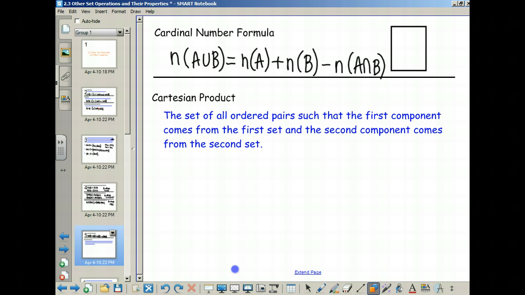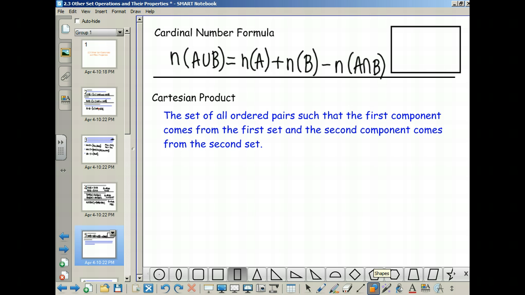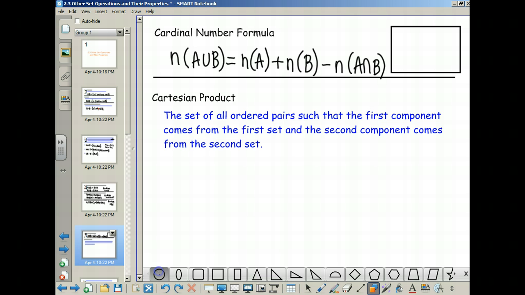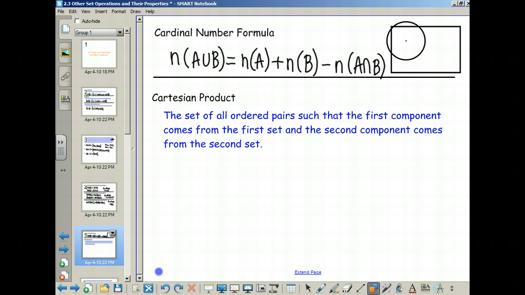It looks like a rectangle with some circles inside. Oh, that doesn't look like a circle at all. Let's try that again. My circles inside overlap.